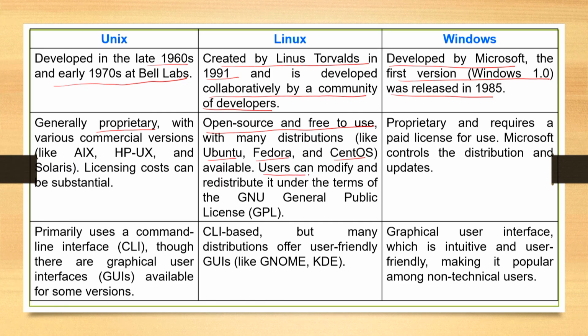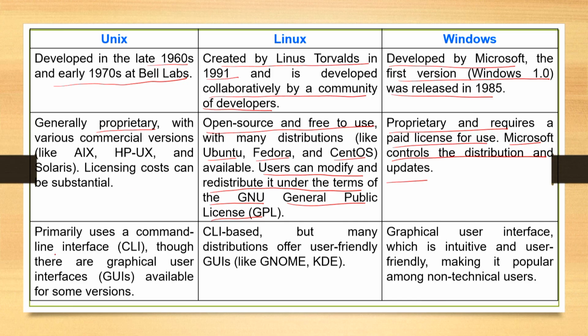Apart from that, you can also modify and redistribute it under the terms of the GNU General Public License. Whereas Windows is also a licensed version, you have to pay for it, and Microsoft controls the distribution and updates.